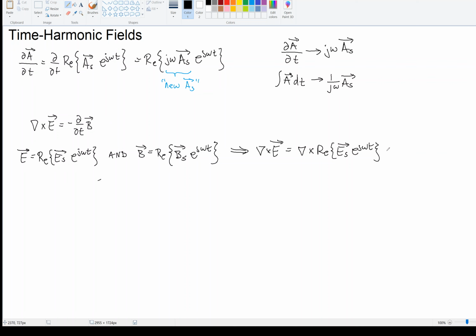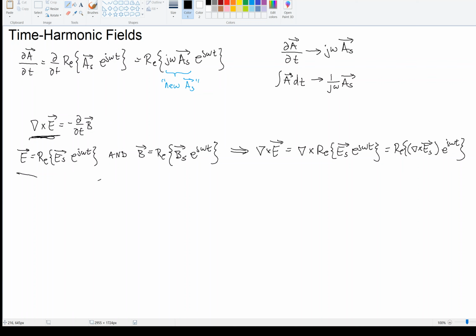Okay, and just like we said, we can bring this derivative operation essentially in. So this is the curl of the phasor now, e to the j omega t. So we're still just working with the left-hand side of this equation here.